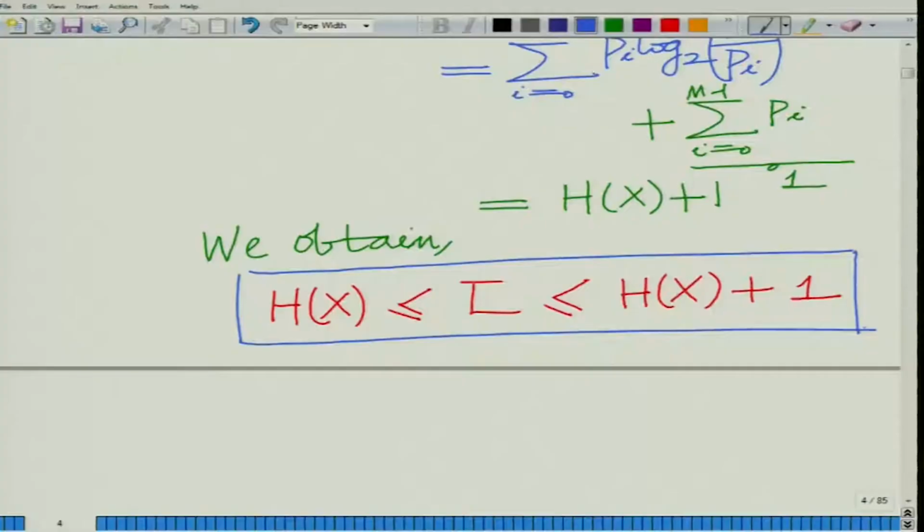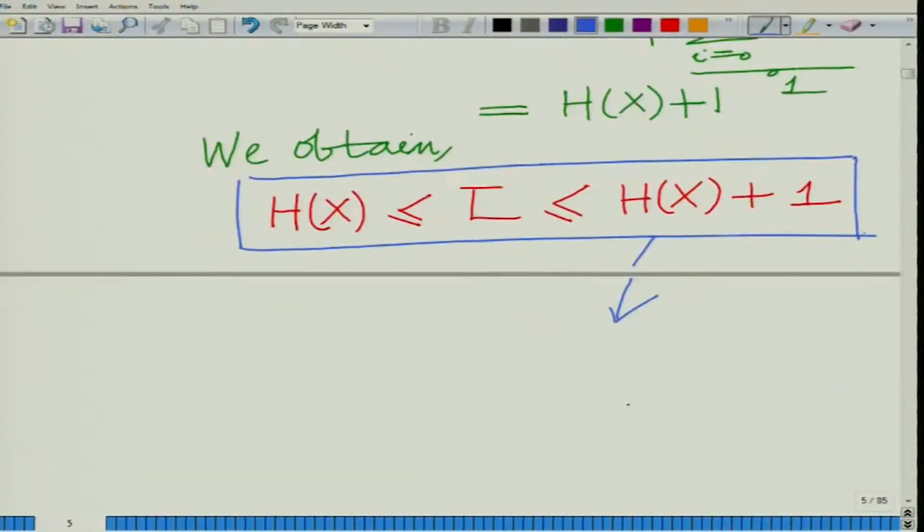So one simple mechanism is to choose the code lengths to be the ceiling of log to the base 2 of 1 over p_i, where p_i is the probability of the ith symbol. And we have shown that such a code is within 1 bit. It lies between these bounds H(X) and H(X) plus 1.